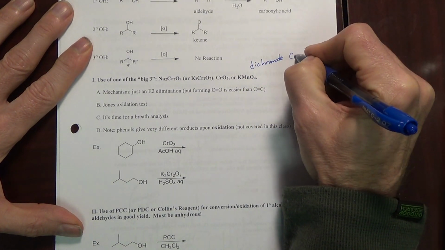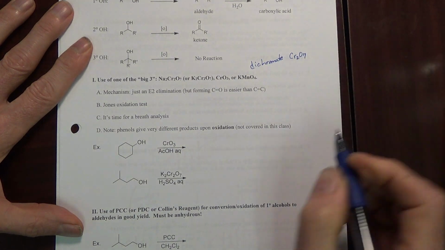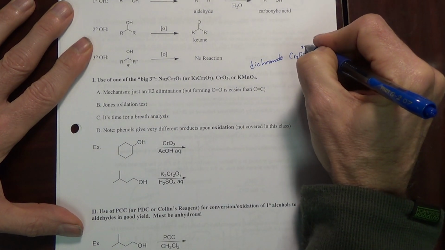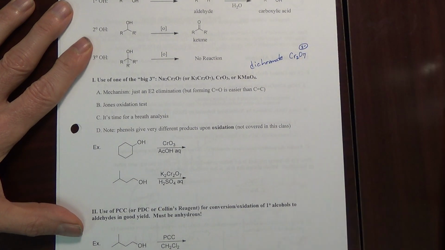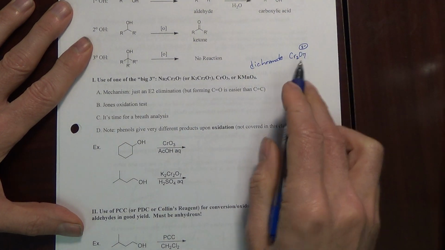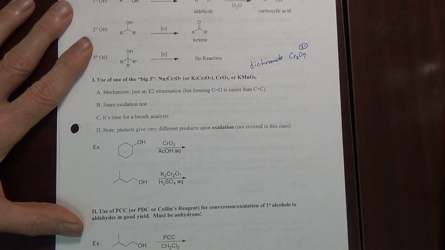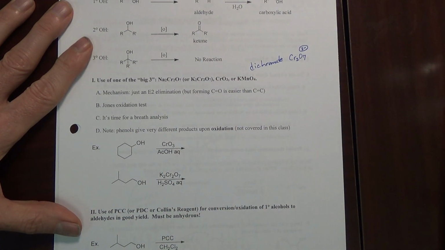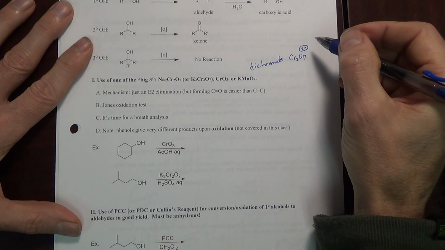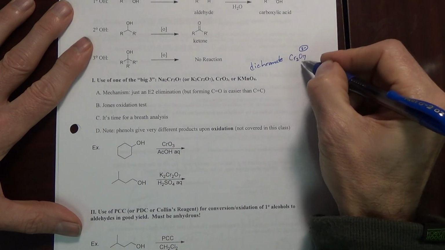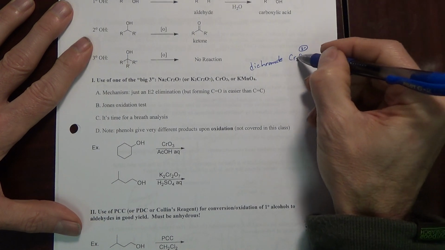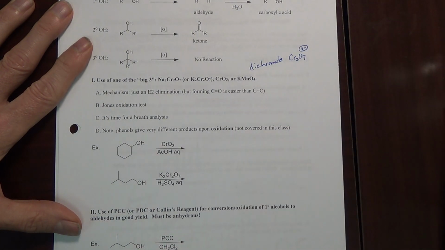Dichromate is going to be Cr2O7, and of course the charge is, if we show it condensed, 2 minus. And thus we need 2 sodiums or 2 potassiums. You can have potassium dichromate. It's a pretty complex diatomic ion.